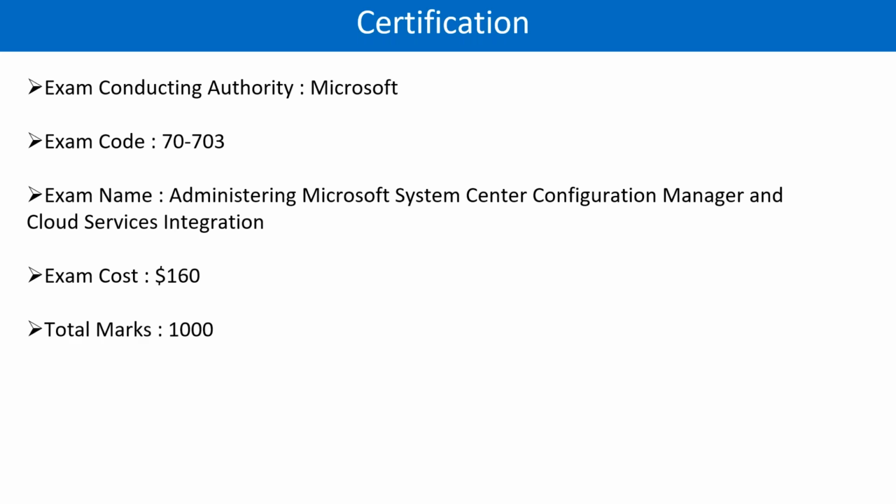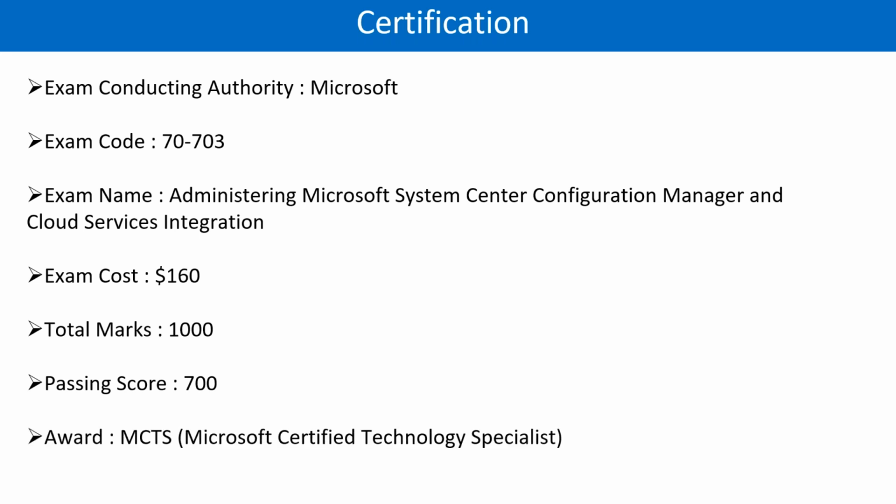You need to score at least 700 out of 1000 to pass the exam, and the award which you get after passing this exam is MCTS. That's the certificate you are going to get from Microsoft if you successfully pass this exam.